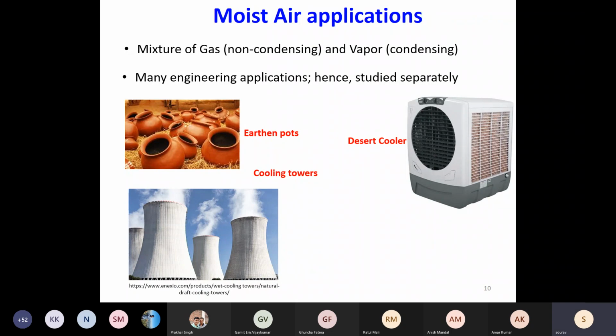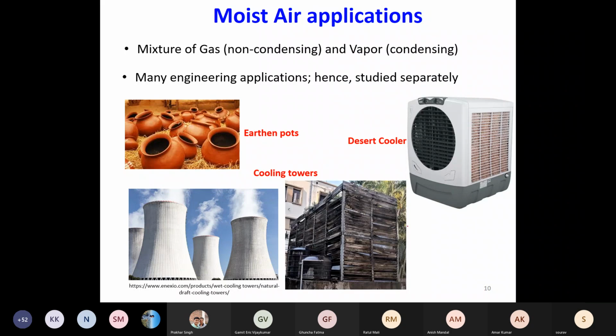They all use the various processes which happen using moist air. We have some very old cooling towers close to our main administrative building, on the back side of that, made of wood.